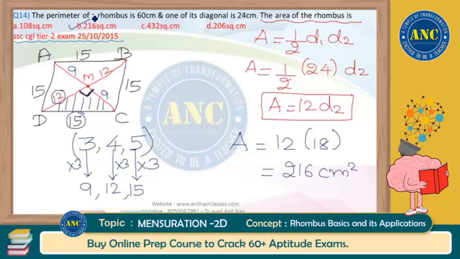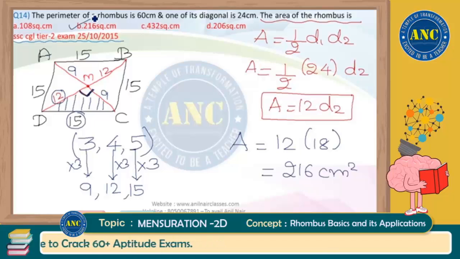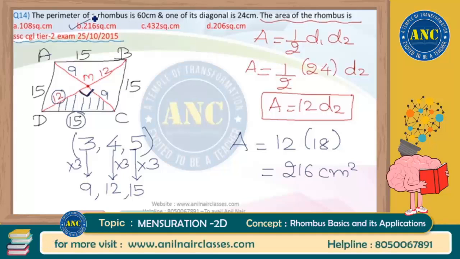I hope it is very clear to you how to find the area of a rhombus and how to find the perimeter of a rhombus. In general we have learned the area, perimeter and diagonals of a rhombus, where one or two parameters are given and we need to find the other parameters. I hope this is very clear for every student who has watched this video.